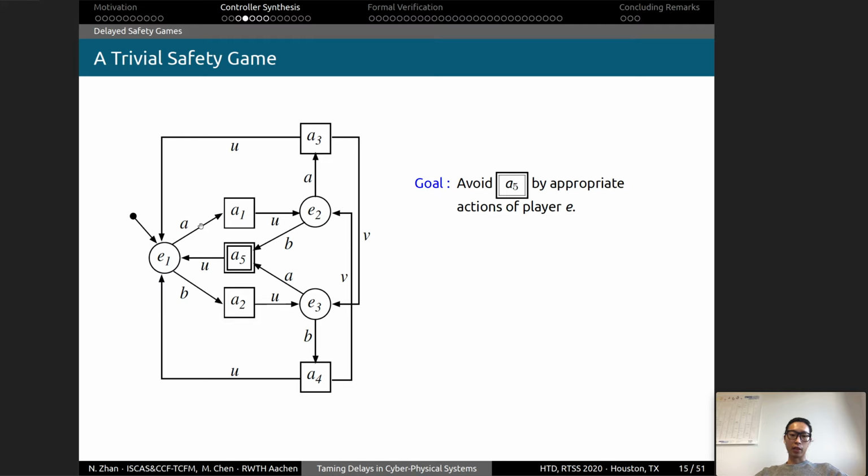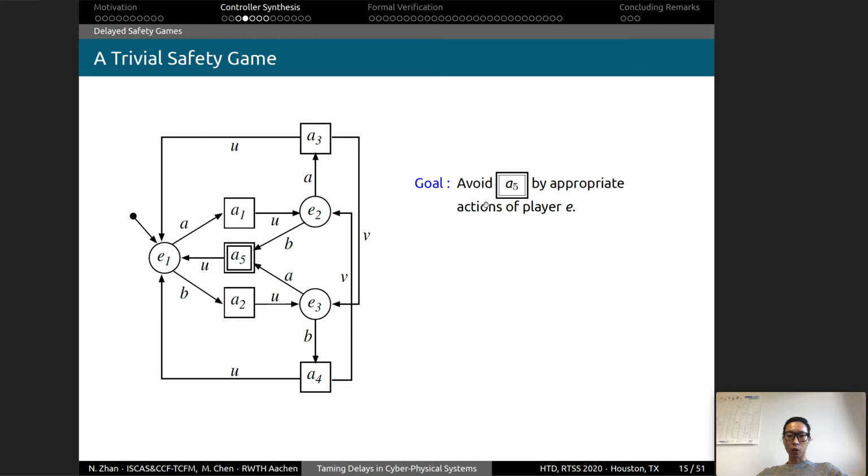Let's say he can take an A action, then the game goes to a state A1. And this box state is where player 2 has to make a decision or make an action. Now he can choose U, so we arrive at another state for player 1. So the game is played alternately until some player wins.